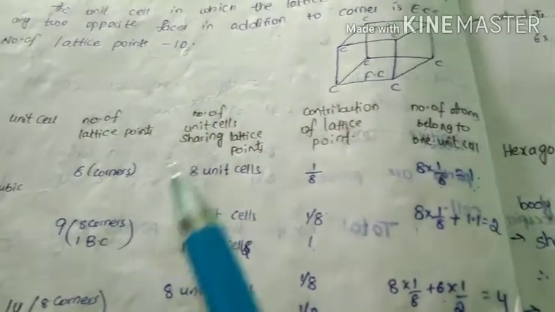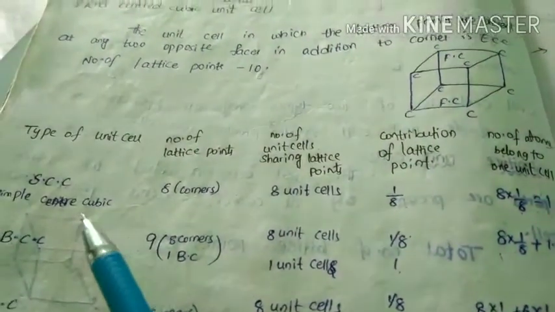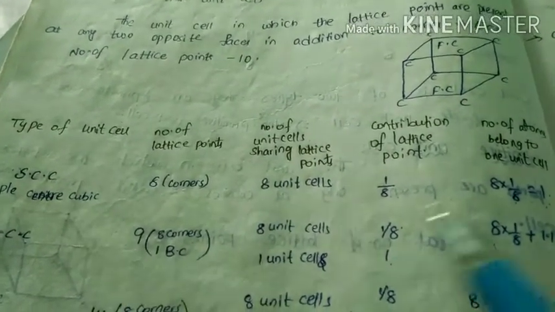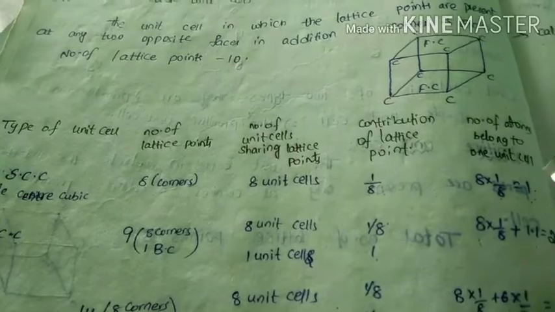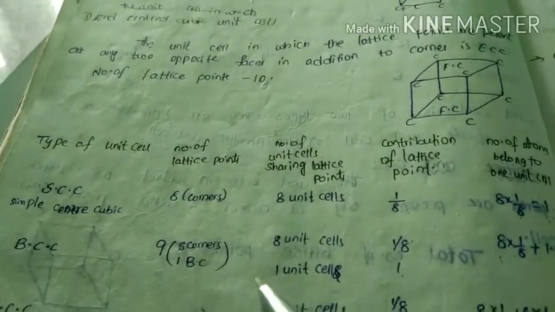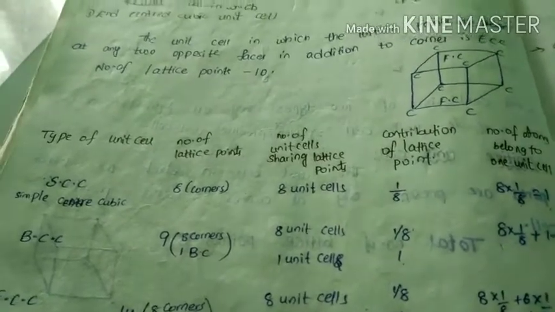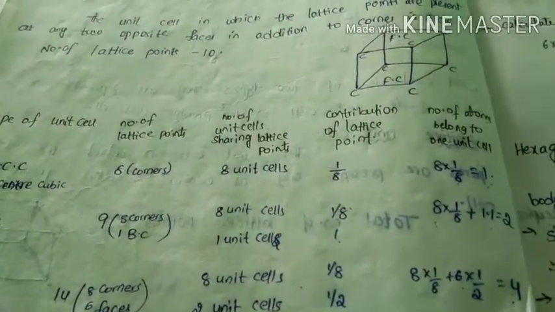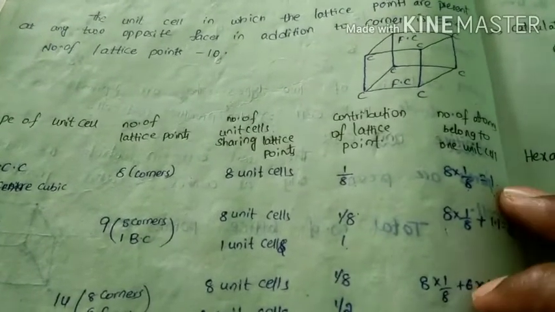So what is the important point here? If in a question a simple cubic unit cell or primitive unit cell is present, then how many atoms belong to that unit cell? 1. If BCC is present, how many atoms? 2. If FCC is present, how many atoms? 4. If ECC is present, 2. We face some numericals regarding this one.